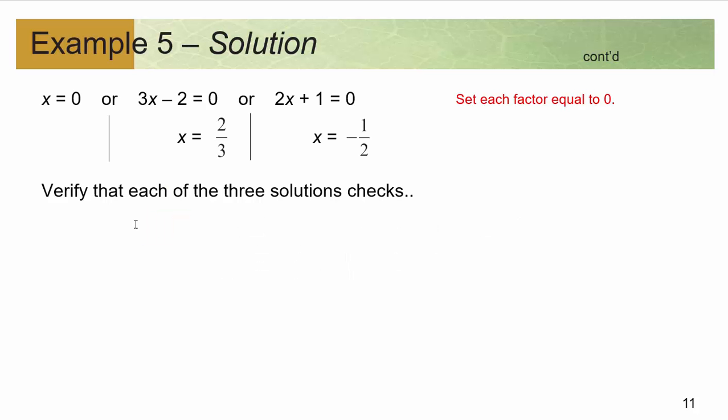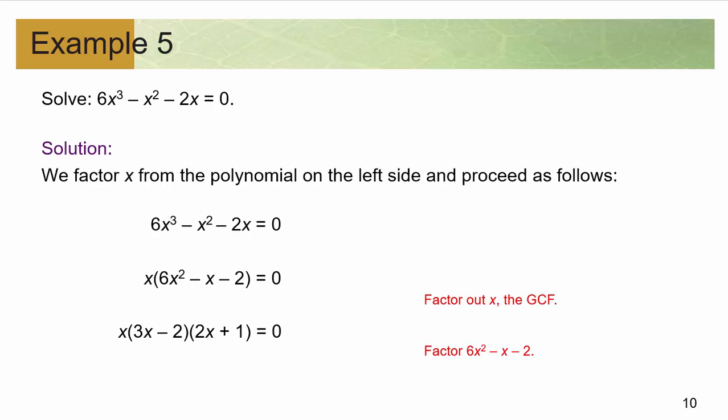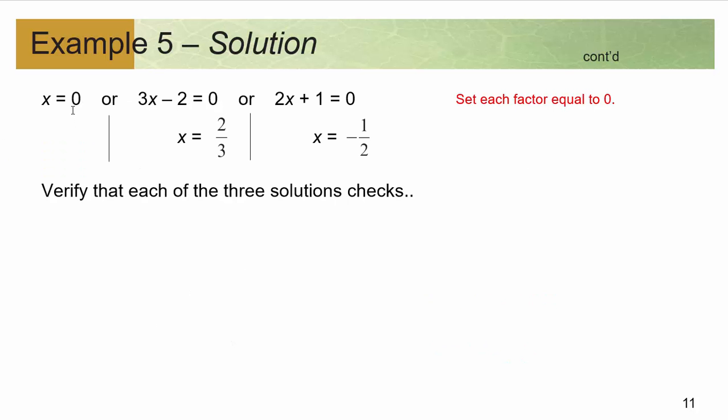Okay, so once you factor it, you can solve each of those pieces. Remember, we had three pieces. We had the x piece, the 3x minus 2, and the 2x plus 1. So the x piece gives us 0. You solve this. There's that 2/3 I was talking about that you would have got from the quadratic, and the -1/2. So if your goal was to just solve it, just find the solutions, using the quadratic formula is fine.